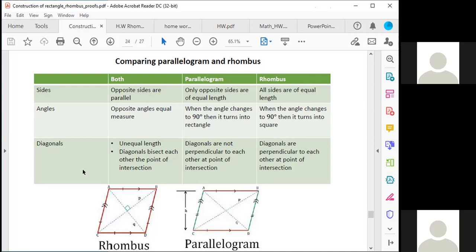Now again, for parallelogram, you cannot say diagonals are not perpendicular. They can be. So what you need to say for parallelogram is that diagonals bisect each other, which is also true for rhombus. For rhombus, diagonals bisect each other at right angle, or diagonals are perpendicular bisectors of each other.